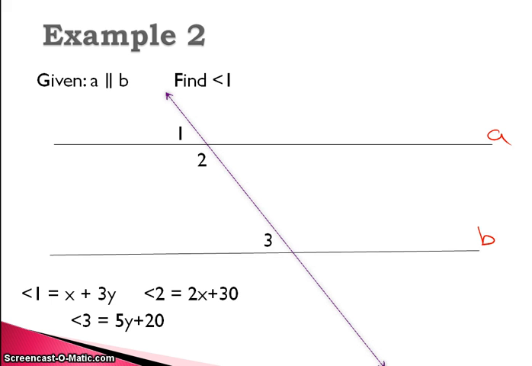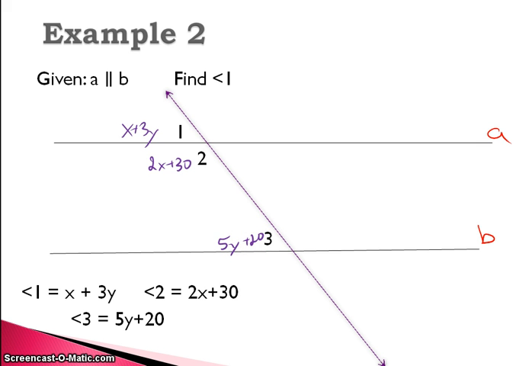Let's look at another one. So here again we are given A is parallel to B, find the measure of angle 1. Now I'm going to label what my angles are. So I have x plus 3y, 2x plus 30, and 5y plus 20. Now it's time to look at our relationships.